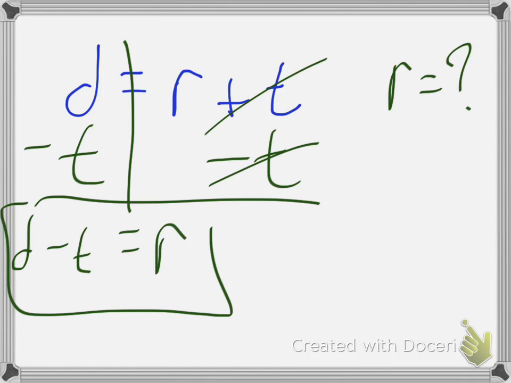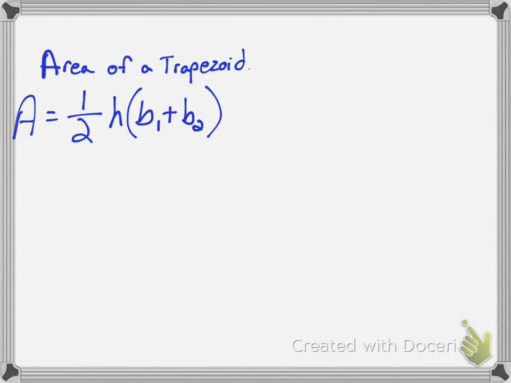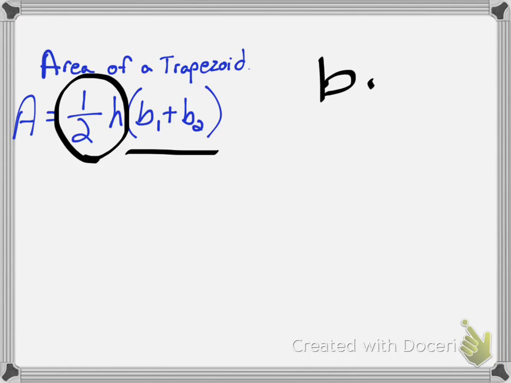Last one. This one's really hard. This is the area of a trapezoid. This is like the pre-AP side to our class. So let's say we want to solve for B prime, or B1. So we have to figure out what operations are happening over there. Well, the first thing we see is that this is being multiplied to this. So the opposite operation would be divide.